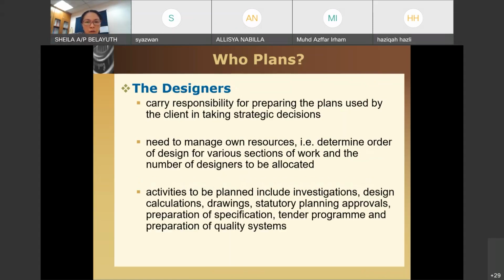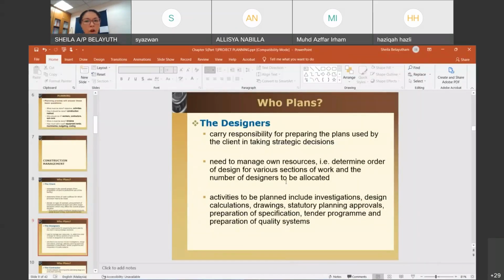Okay. All right. Before we end the class, just one question. What are the other documents, or what are the other elements in a contract document? So in a contract document, or in a tender document, the tender document will turn into a contract document. So what do we have? We have the drawings in the contract document. We have specification. If there are any quality standard that we want to request.